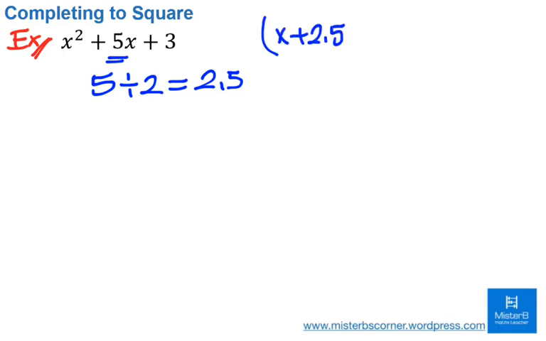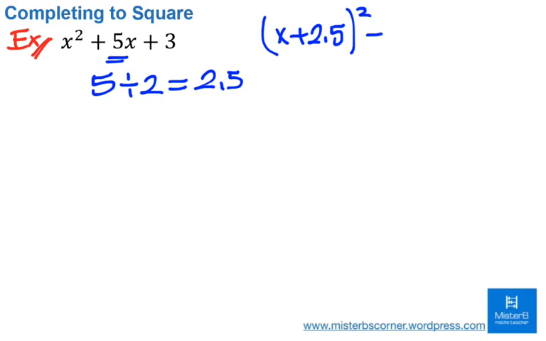Now in this example, this number here is odd, but the method stays the same. So I'm going to go 5 divided by 2, so I'm going to have 2.5. Now, I have to expand x plus 2.5 bracket squared, right?